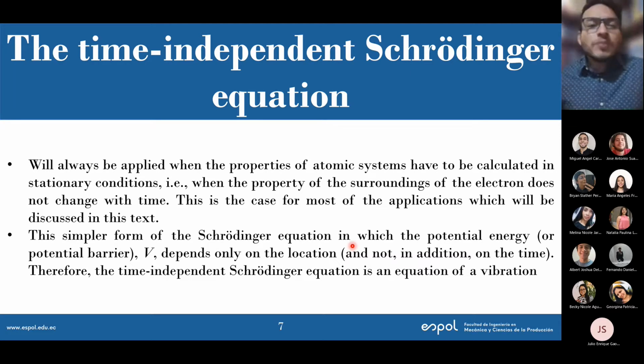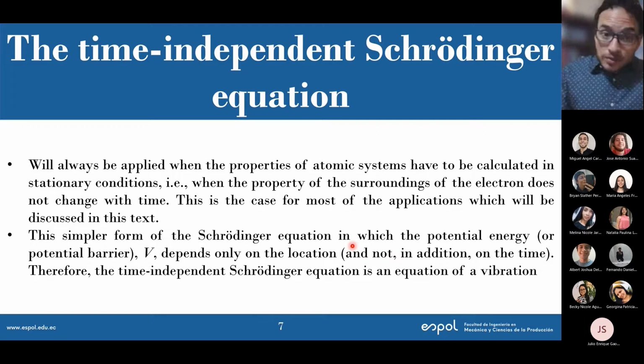And you're going to say, well, how is it possible? How is it that an atomic system can be stationary? Well, it just means that you're taking a system at a time that is, let's say, time zero, and you're just considering the system at that moment, and that's it. I mean, you don't care about time.